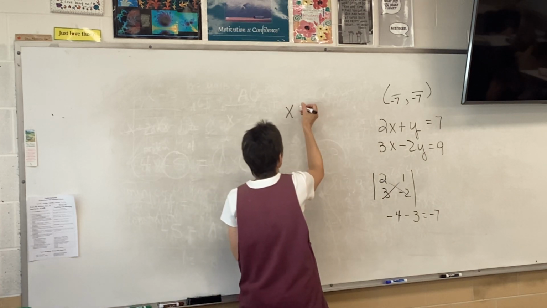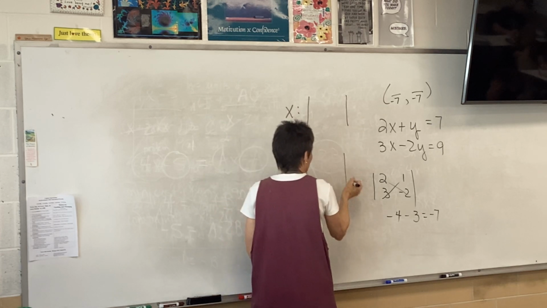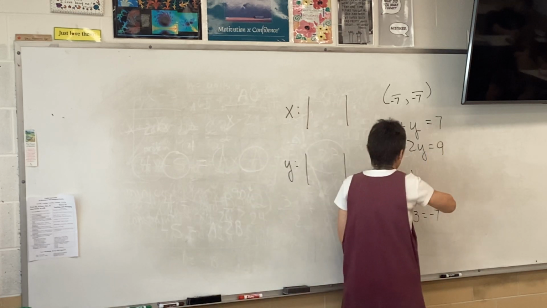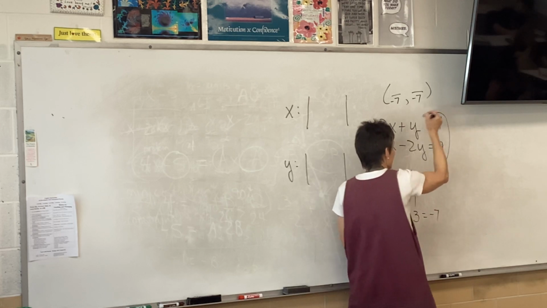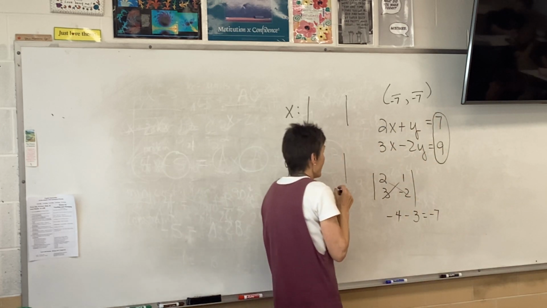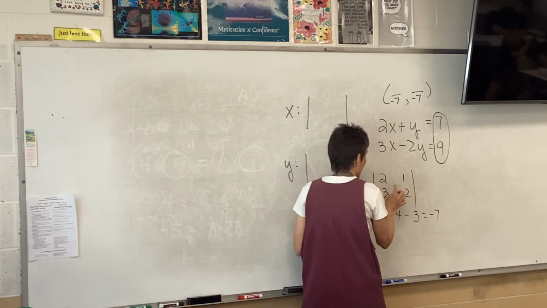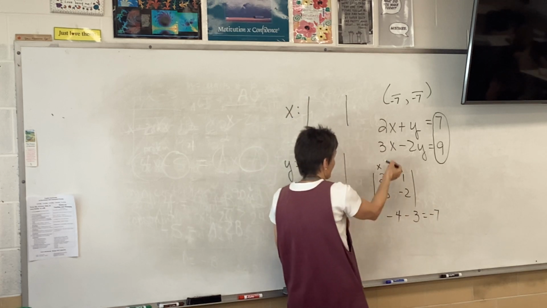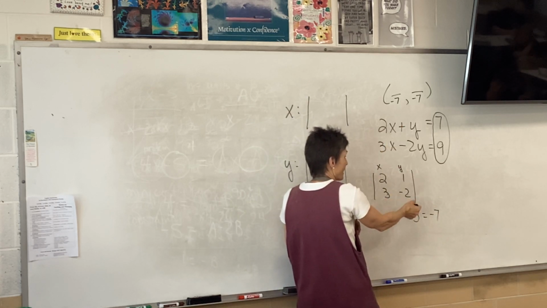We build two more determinants. Whichever one we're doing, we take these two numbers right here, the constants, we cut them out, and we paste them on top of whichever letter we're solving for. So in the original determinant, these were the x's, these are the y's.